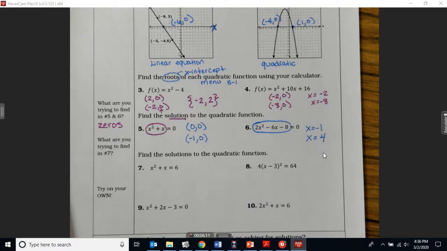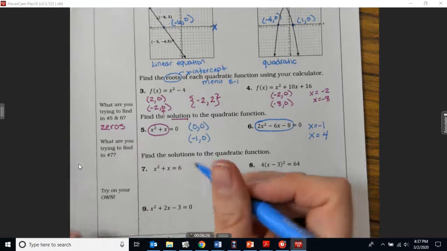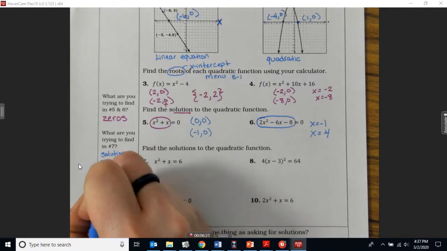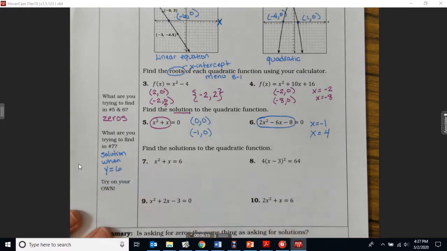But when we get down to number 7, these ones also say find the solution, but number 7 looks a little bit different because it does not equal 0, it equals 6. So what are we trying to find in number 7? We're trying to find the solution when y equals 6.